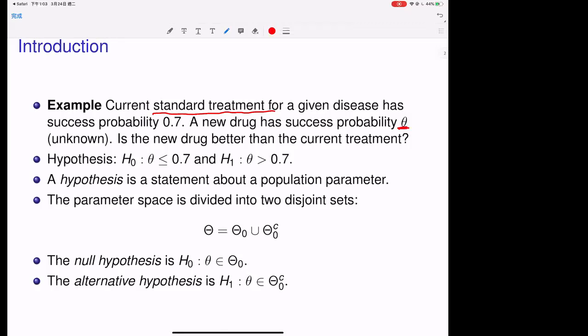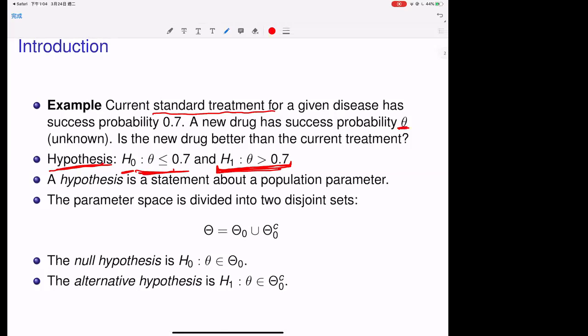You don't know how good the drug is, so you do the clinical trial and collect the data. Then eventually we do testing. The null hypothesis is whether theta is no more than 0.7. If I have evidence to show that my alternative is true, I reject my null hypothesis, and I'm basically claiming that my drug is successful, with a success rate better than 70%.